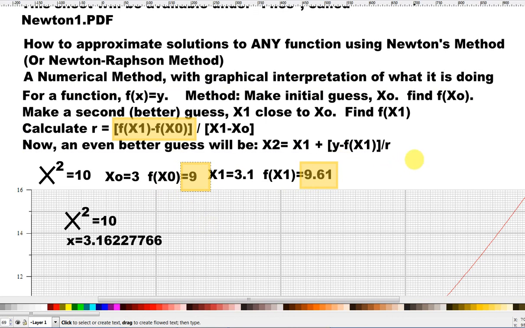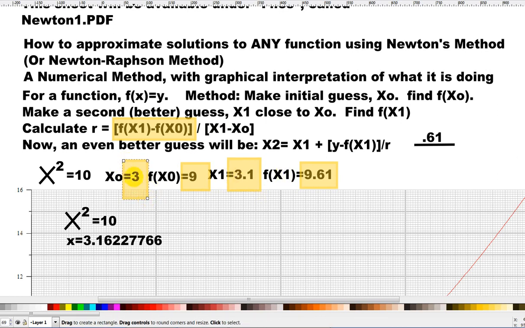So that goes over here. 0.61. And then what we're going to do is divide that by x1 minus x0. So x1 is 3.1, our slightly better guess, minus our initial guess, 3.